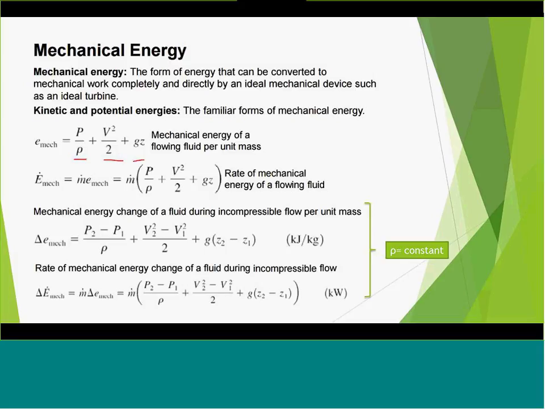The mechanical energy of the flowing fluid will be, you can see the dot there, when we multiply with the mass flow rate. Now, when we have a constant density for the flow, normally for the fluid, let's say we have a constant density, then during incompressible flow, we're going to have P2 minus P1, so you're going to have a difference for that.